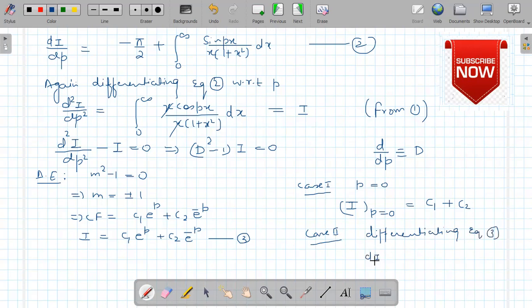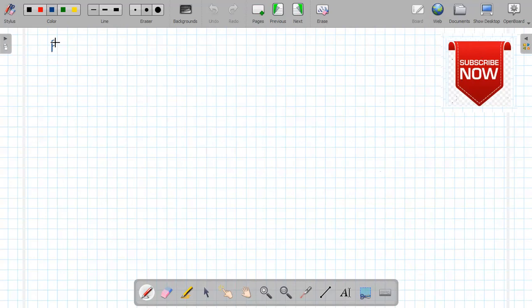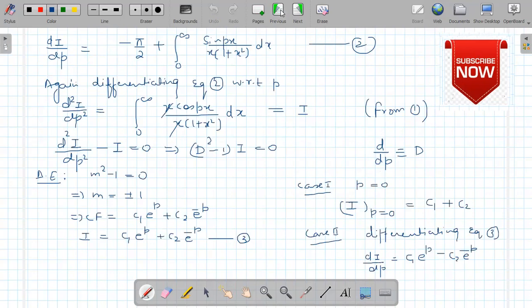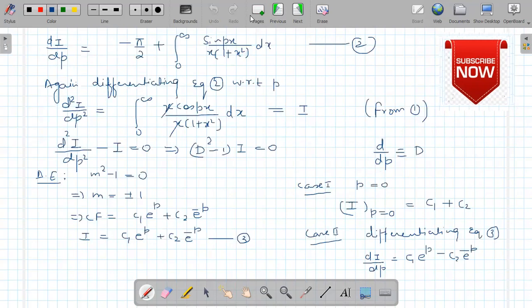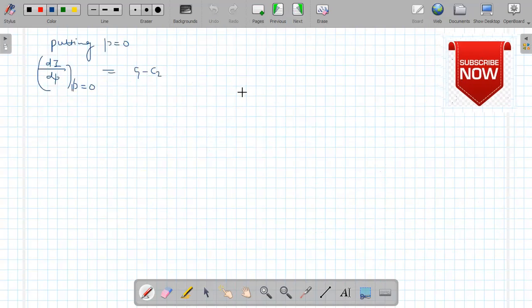We get dI over dp is equal to c1 e to the power p minus c2 e to the power minus p. Now we put p is equal to 0 here. We don't know the value of dI over dp at p is equal to 0, so we simply write it like this, and on the right hand side we have c1 minus c2. So we have equation number 4 and this as equation number 5.